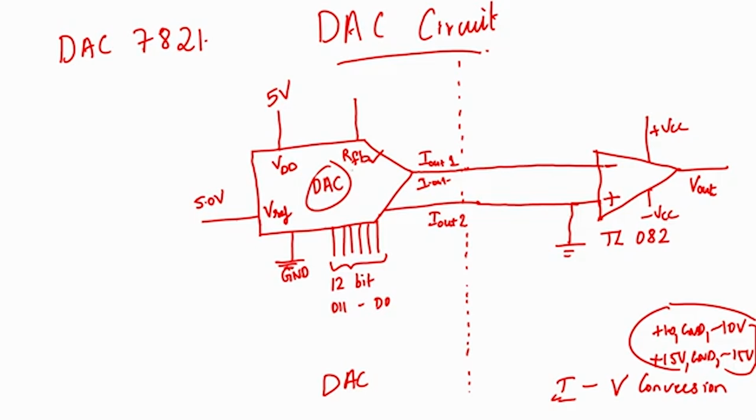Next, feedback has to be provided. If you just leave it like this, it will still do current to voltage conversion, but what is the problem? Since there is no feedback given for this op amp, it will work in open loop configuration.